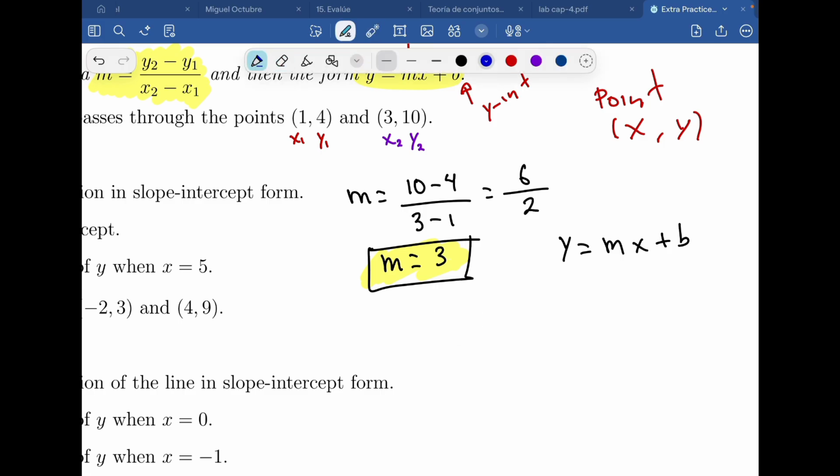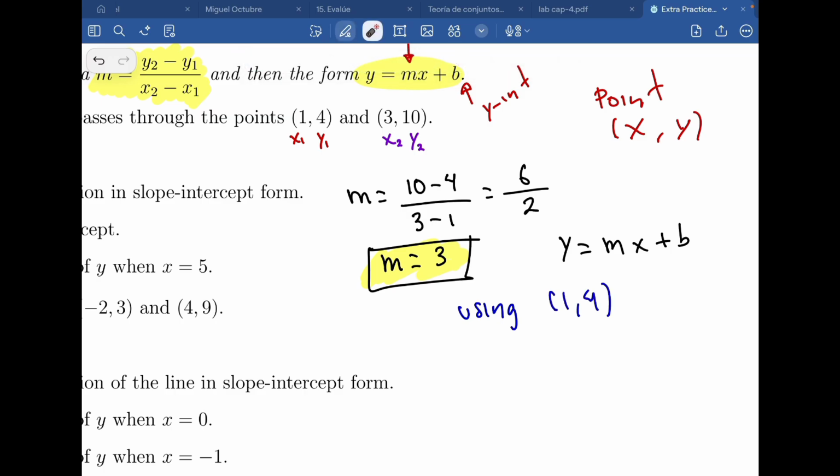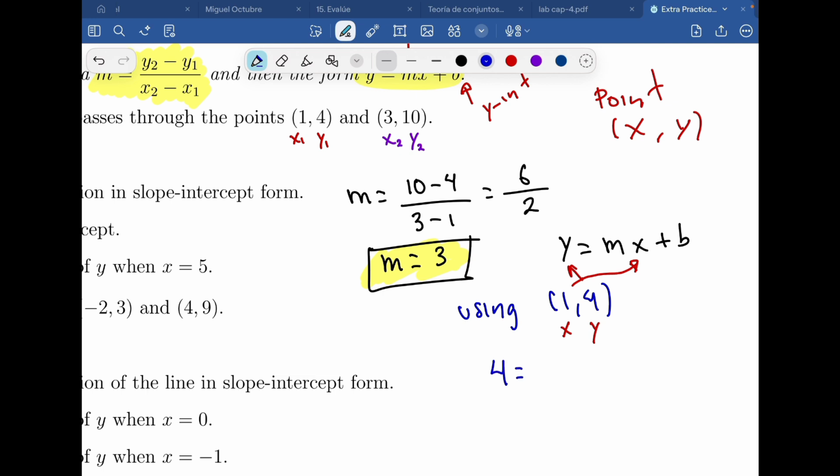So let's use 1, 4. Pay attention. If we substitute these values, and remember, this is x, this is y, we use here the y and then here the x. Look what happens. What is y? 4 equals, what is m?